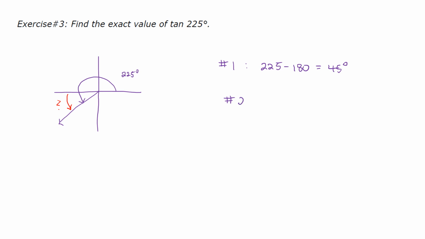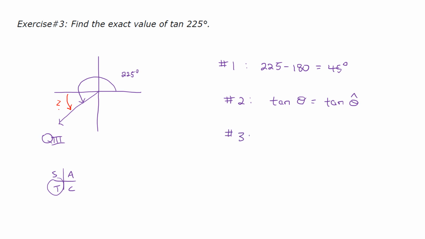Step number 2, we are going to identify the sign of our function. We know that we are in quadrant 3, and in quadrant 3, only tangent is positive. So that means the tan of theta is going to equal a positive tan of theta hat.